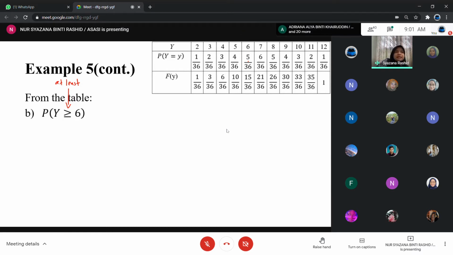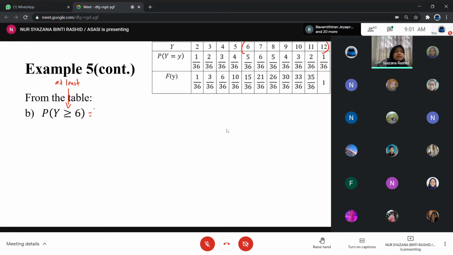So paling kecil 6 maksudnya start daripada 6 sampai 12. 6 sampai 12. Kita kena ambil nilai yang ada dalam eksperimen sajalah. Lepas nombor 12 ni kita dah tak ambil dah. Okay, so 6 until 12. Okay, one way to do this, you boleh tambah satu-satu probability dia. Ni kan, you ambil 5 over 36.